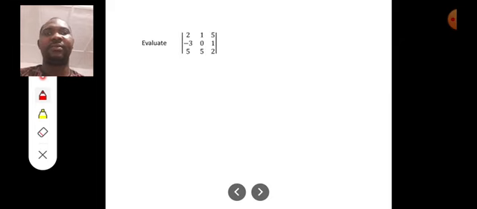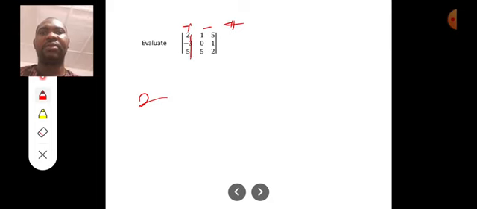Here is a 3 by 3 matrix. We are taking the first row, that's plus, minus, plus. Always remember plus, minus, plus. If I take 2 as an element and eliminate elements in the same column and row as 2, I have 0, 1, 5, 2 left.